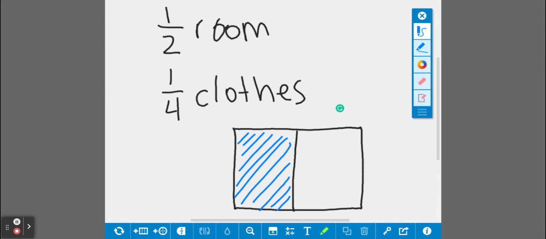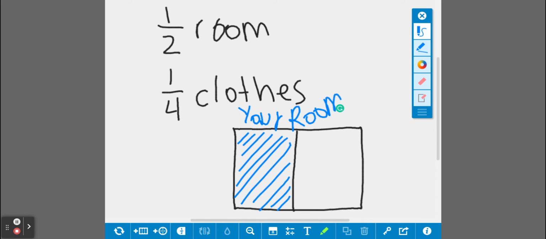Okay. So of this half of your room, so this is your room, right? You'll have to excuse my finger handwriting on this touchscreen. Okay, so this is your room. So in your room, we know you have your bed. We know you have your clothes.